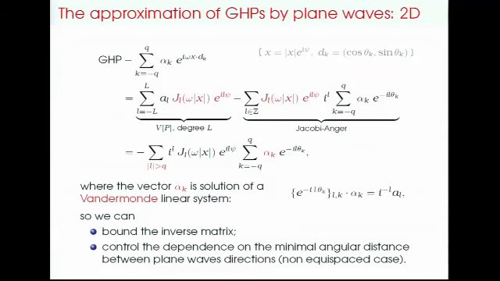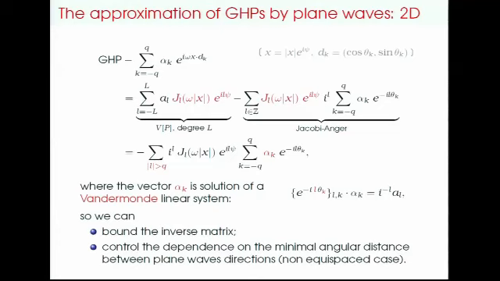You see, in 2D, we write a generalized polynomial as a linear combination of 2q plus 1 plane waves. We use this index from minus q to q because it's convenient. And if we expand the plane wave with Jacobi-Anger, we see the dependence on x is the same on the two sides.